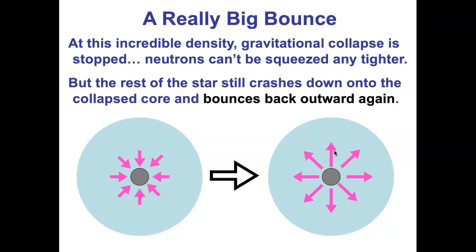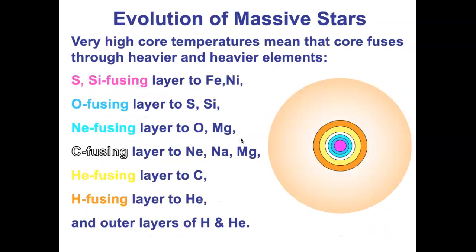Before then, you had this nice onion skin model where all these layers of gas were so nicely organized. And then all of a sudden, when the core collapses down underneath them, all these nice layers of gas are bouncing up and bouncing down and swirling around and smushing into each other. All these different elements that didn't used to touch are now running into each other.